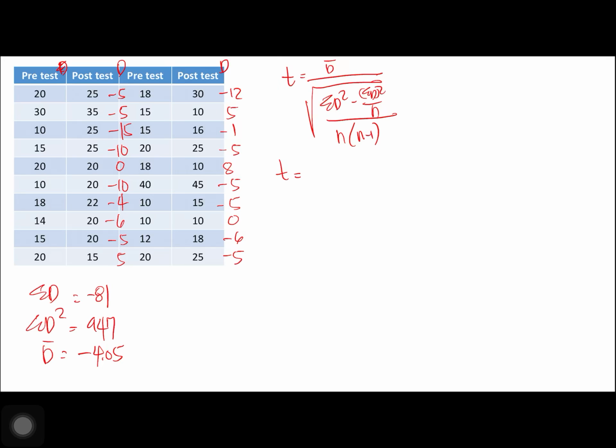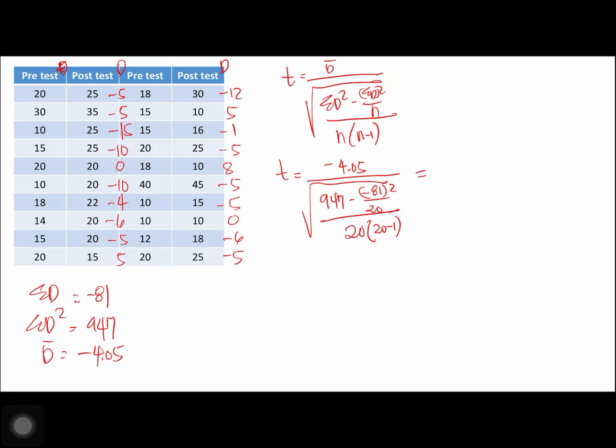So, T is equal to our D bar, negative 4.05 over square root of 947 minus negative 81 squared over 20 times 20 minus 1.